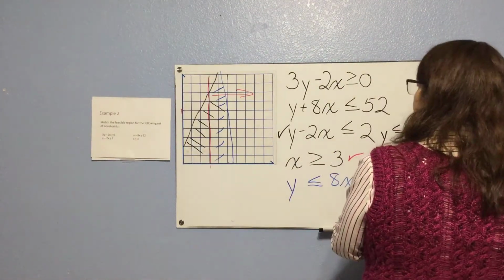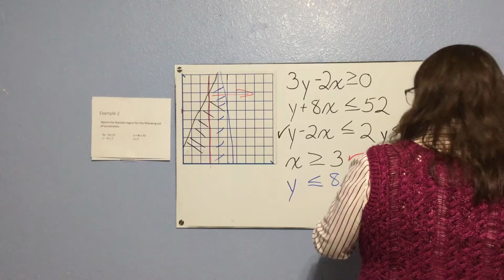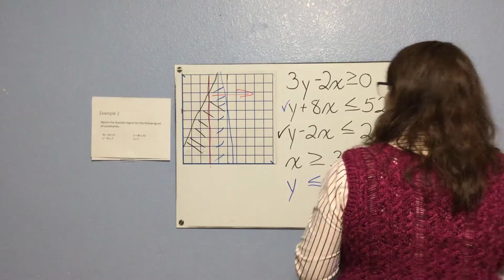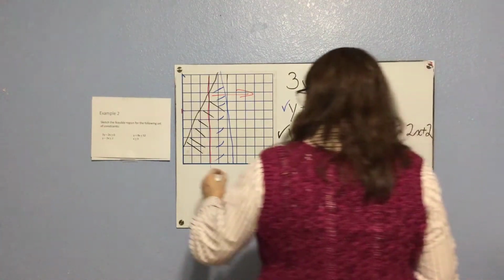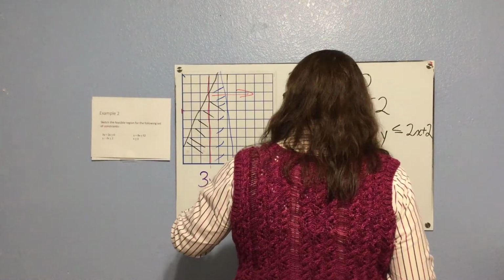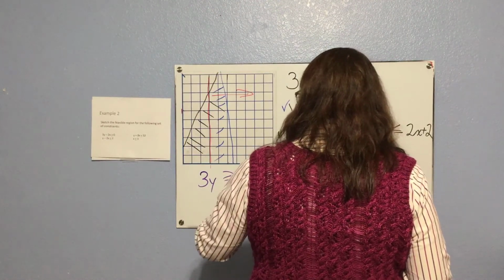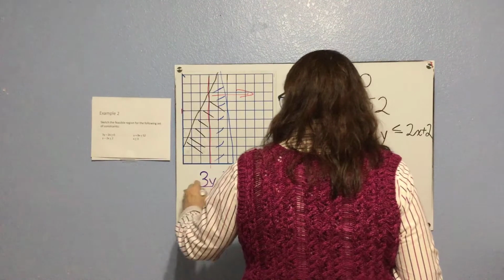And then we haven't done the first one, which I could rewrite as 3y greater than or equal to 2x, and then divide by 3.